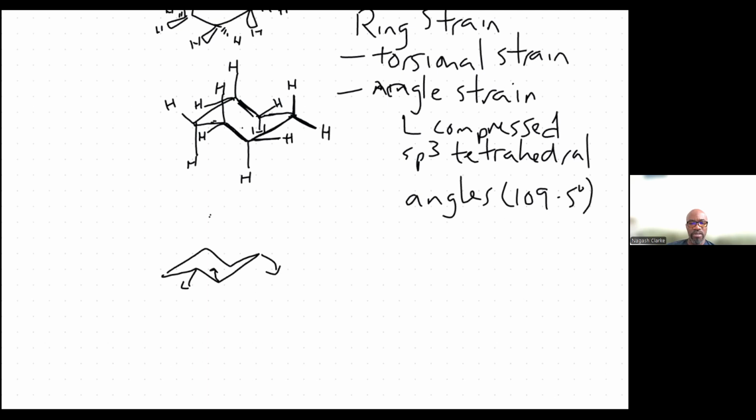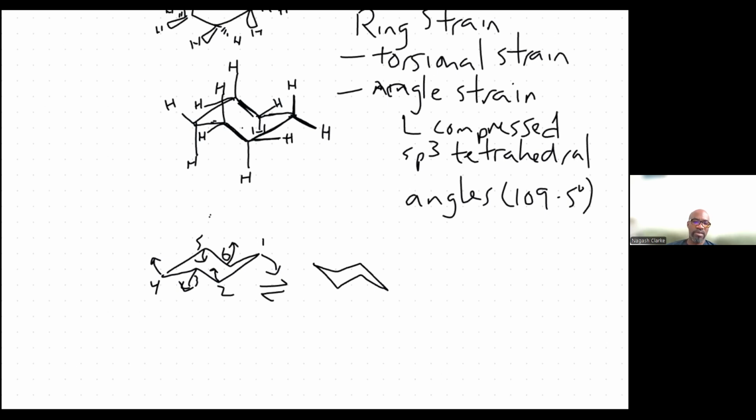Only partial rotation. So if I do some rotation, I'm going to end up with what we call the ring flip version. If I label the carbons one, two, three, four, five, and six. My ring flip, this is carbon one.